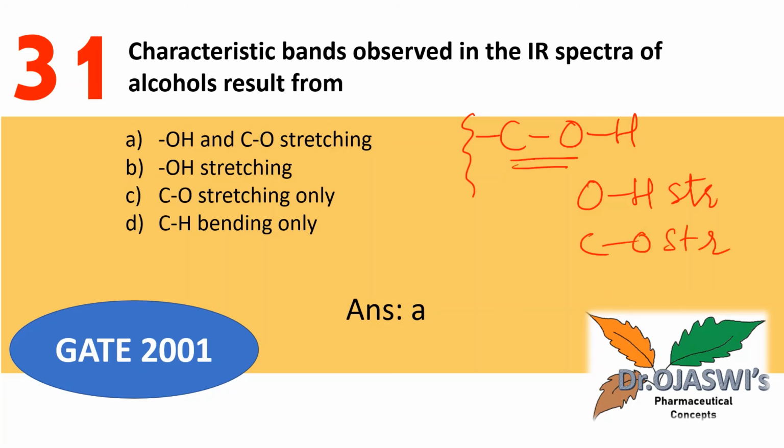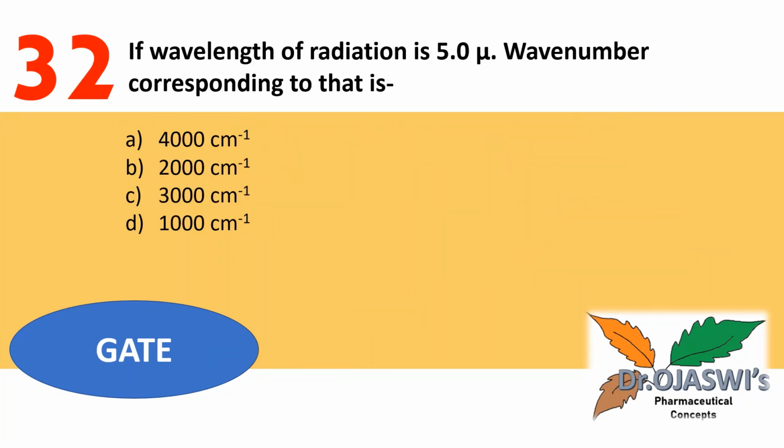In case of alcohols, OH stretching appears around 3500 centimeter inverse, and CO stretching appears around 1100 centimeter inverse. So let us look at the options. OH and CO stretching, yes, it could be the correct answer. Let us see further. Only OH stretching, no. CO stretching only, no. CH bending only, no. So option A is the correct answer.